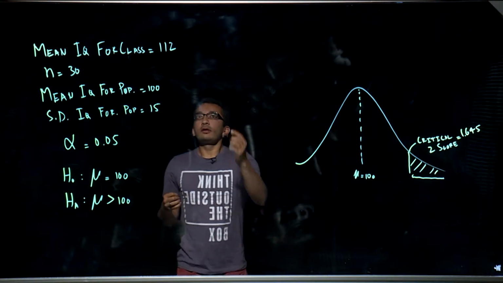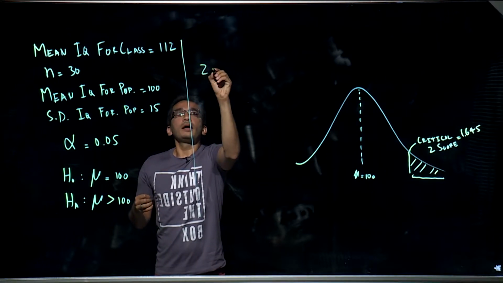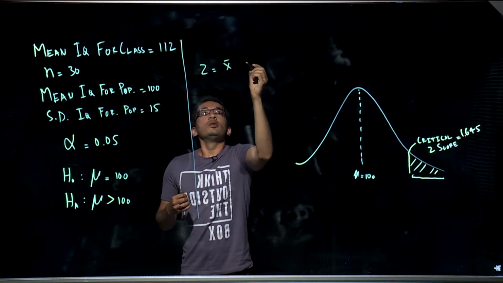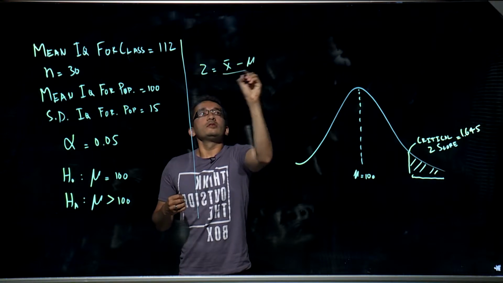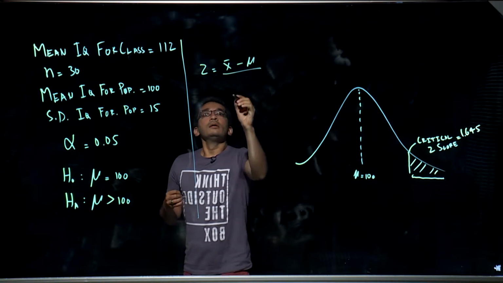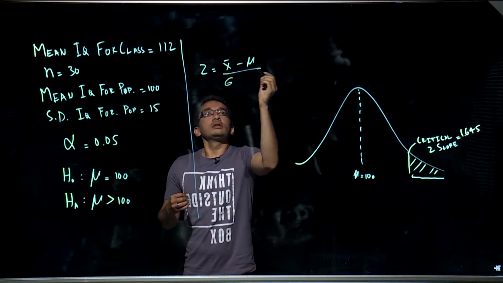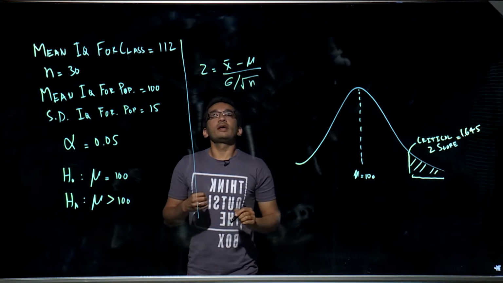So let's calculate the z-score by this formula: x bar, which is the sample mean, minus mu, which is the population mean, divided by the standard deviation of the population over the square root of the sample size.